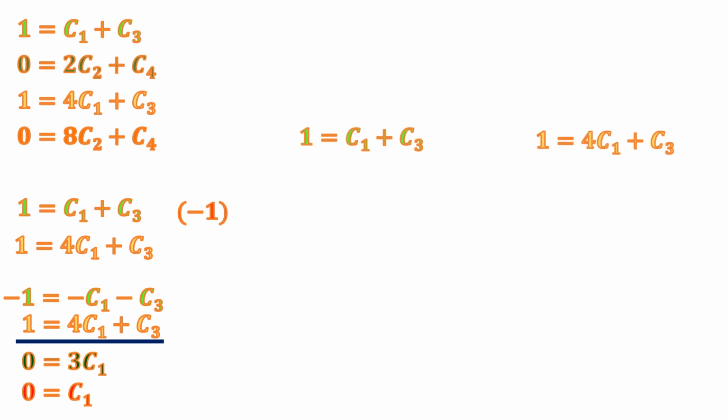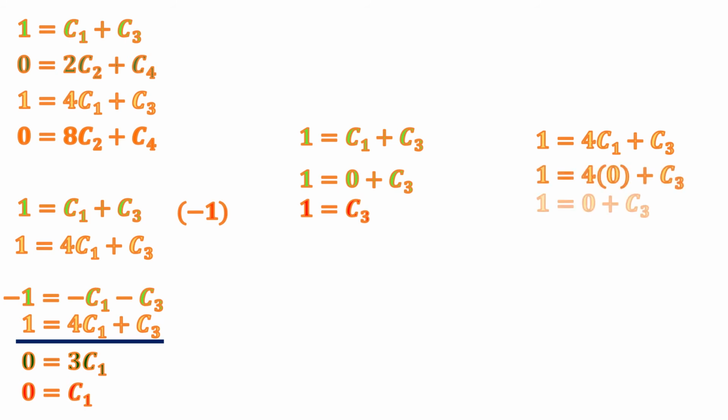We'll use both equations, to get c3 and also to check if our solution is working well. So let's substitute c1 as 0, and c3 is 1. How about in the other equation? Let's try to substitute. So 1 equals 0 plus c3. So c3 still equals 1. So it is correct.